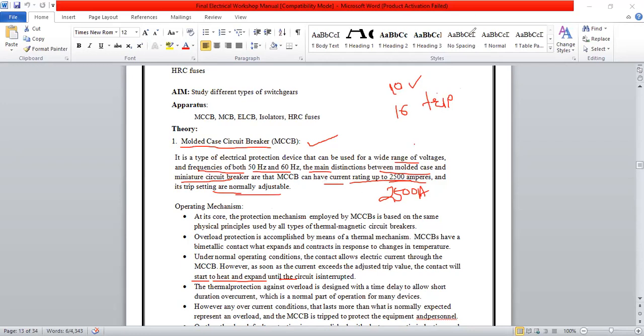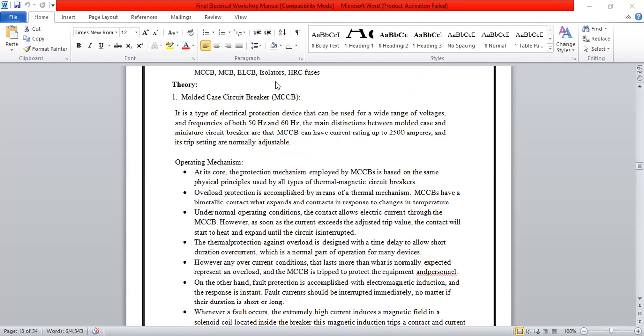Now the operating mechanism. The operating mechanism for the molded case circuit breaker is that at its core, the protection mechanism employed by the MCCB is based on the same physical principle used by all types of thermal magnetic circuit breaker.